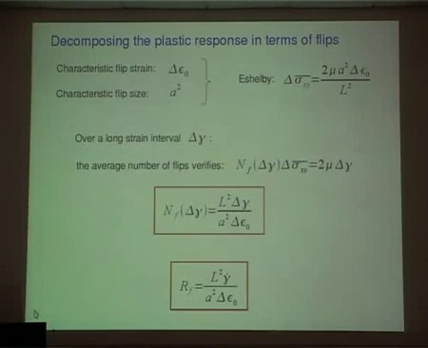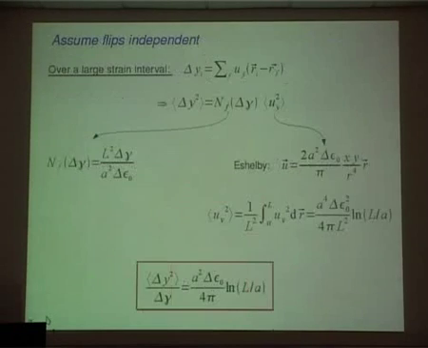All this is very normal. I'm just saying that I have a density of flips in terms of flips per unit volume and per unit strain, which is just a way to state that these rearrangements are local. So, once I've said that, how can I understand diffusion?